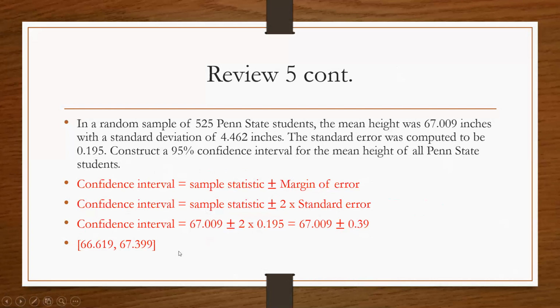And then just subtract it to get the lower value, and add it to get the upper value. If you guys do a little bit of rounding, it's okay. I don't care, but just be careful on the exams, because sometimes they get picky.